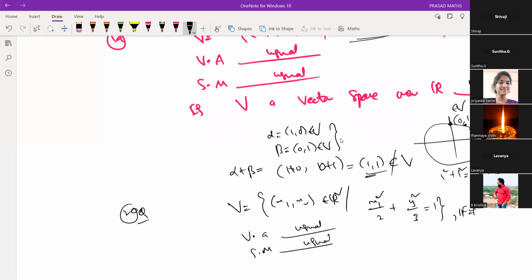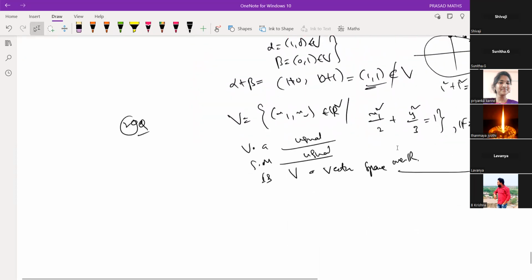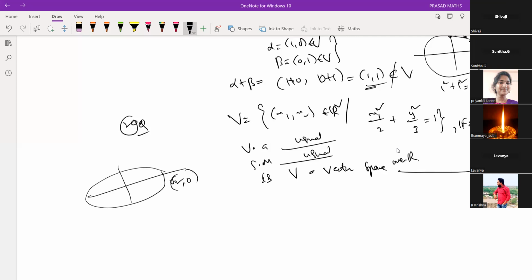My field is R. What is this? Ellipse. You take y equals 0, x equals 0, meaning the points root 3, 0 and minus root 3, 0.